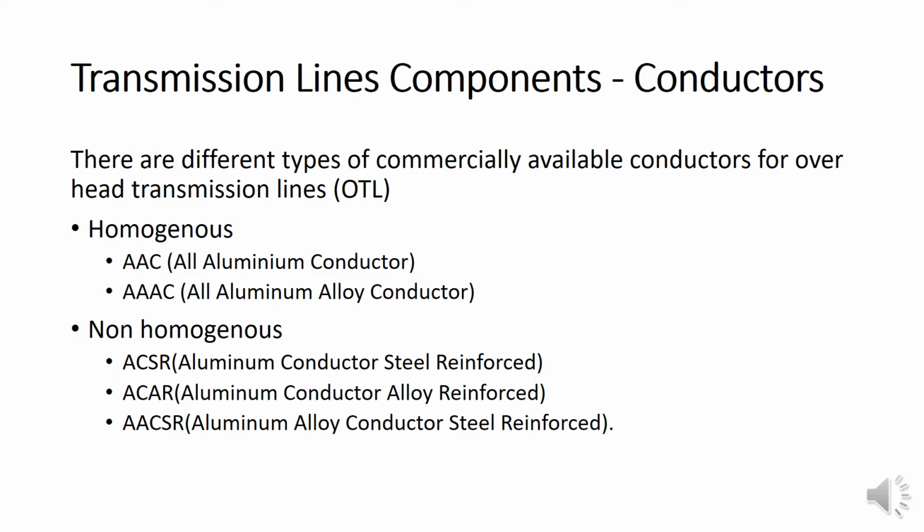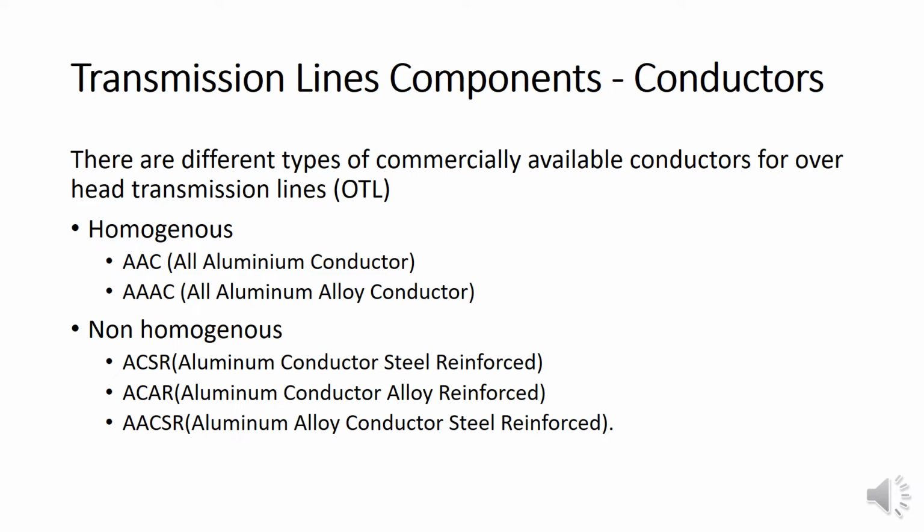So as an example, let's say you are laying an overhead transmission line, which we are calling OTL. At that time, between two towers, the conductor, the current carrying thing, carries some weight. So that weight will be applicable to the transmission line. If the transmission line cannot withstand that weight, it will collapse.